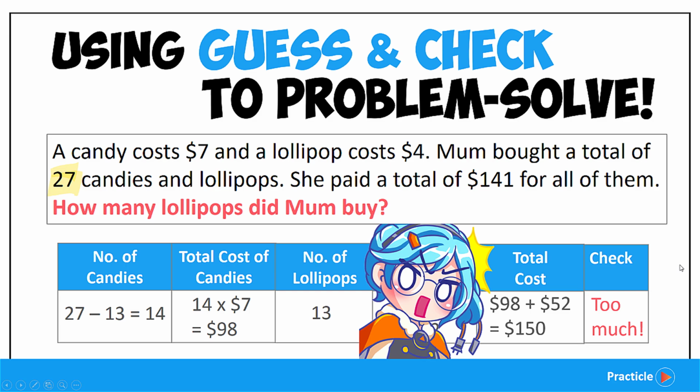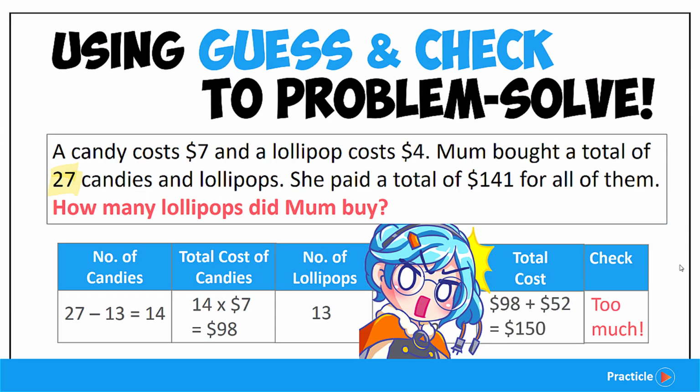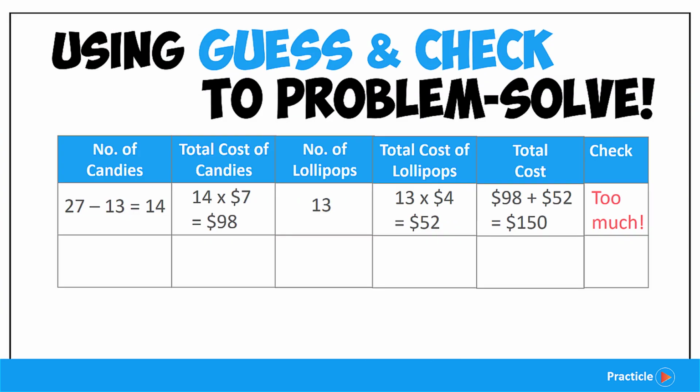Since our first guess gave us an answer that cost too much, what can we do to make your mum pay less? Should she be buying more or less lollipops? Since we know that a lollipop is much cheaper than a candy, your mum should have gotten more lollipops. So let's help your mum by guessing a bigger number for the lollipops this time. So instead of 13, let's pick 15 and see what happens.